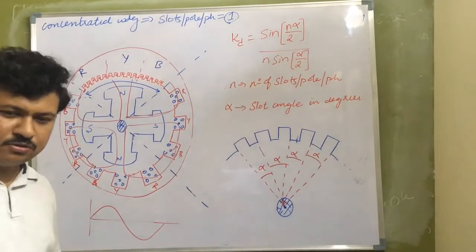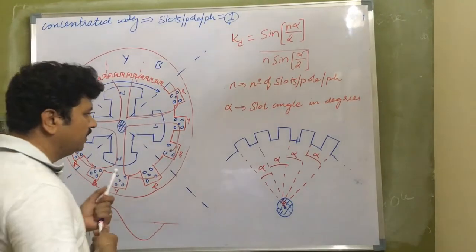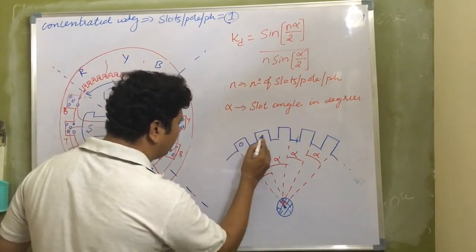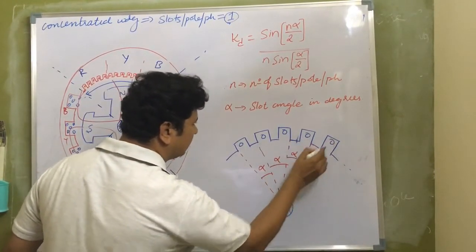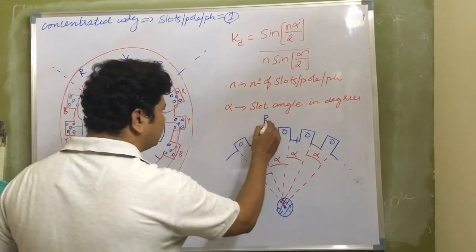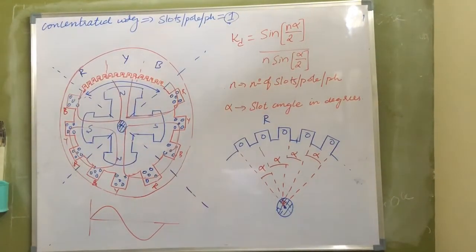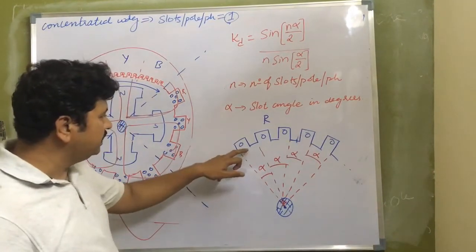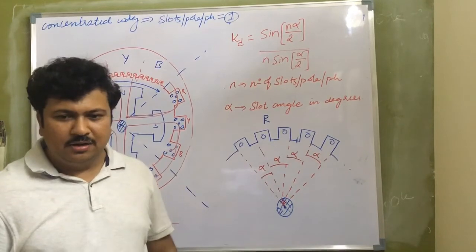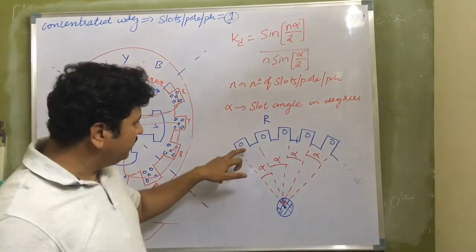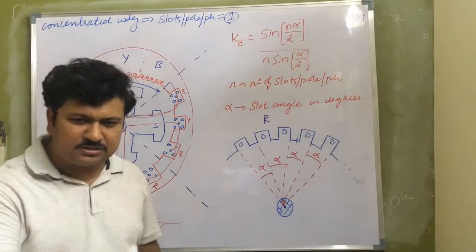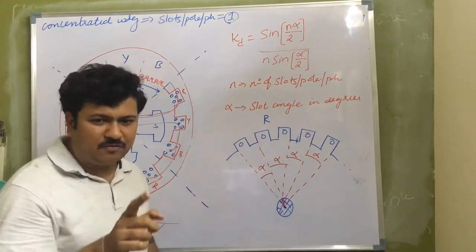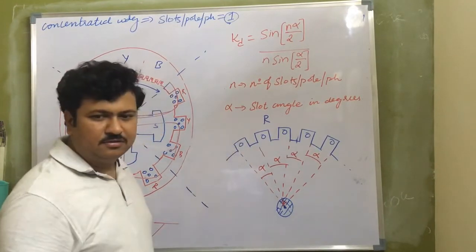Why I should consider slot angle here is, I have distributed the conductors per pole per phase. So I have one conductor here, one here, one here, here, here. Now all these 5 conductors are, say, of R phase. The total EMF induced per pole in R phase is the sum of EMF induced in each conductor. But the EMFs induced in each conductor are not simultaneous. The EMF induced in the second conductor is after alpha degrees of the first conductor.